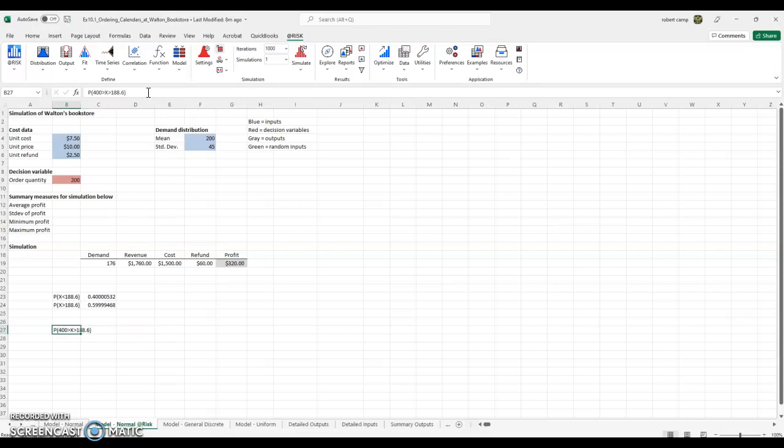Well, first we'd find the probability of being less than 400, and we'd subtract from that the probability of being less than 188.6, and that would give us the probability that we would end up within that range. And you would do that just using the norm.dist equations, just like we would here.